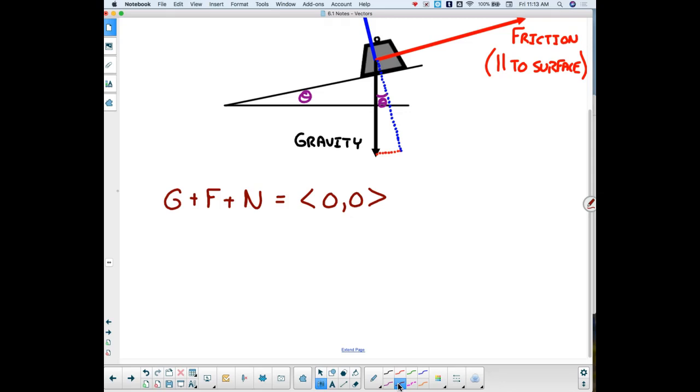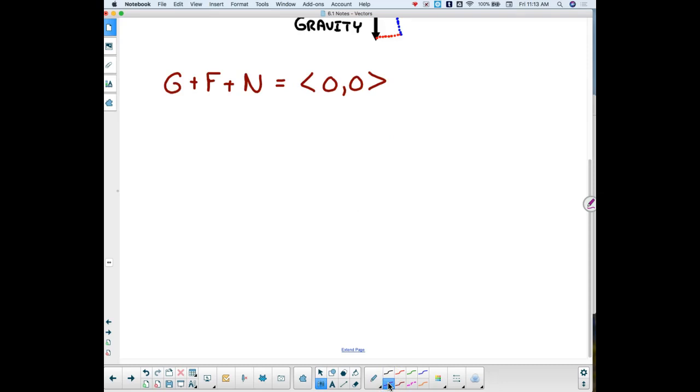Now, you are going to want to, I don't know if I want to say memorize this, but for these inclined ramp problems, this is always going to be a right angle because my normal force is always perpendicular to my surface, which is my friction force, and gravity is always there.